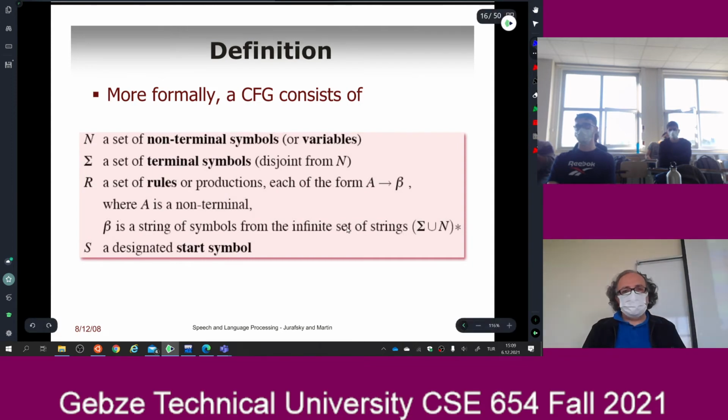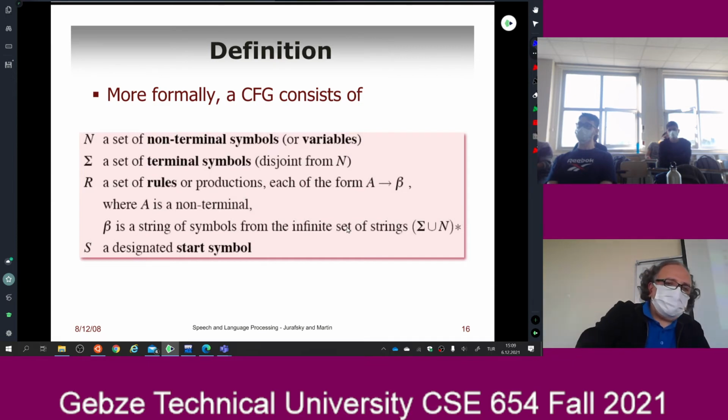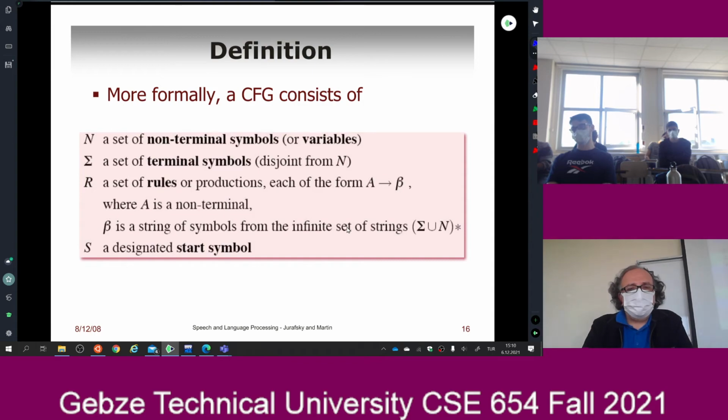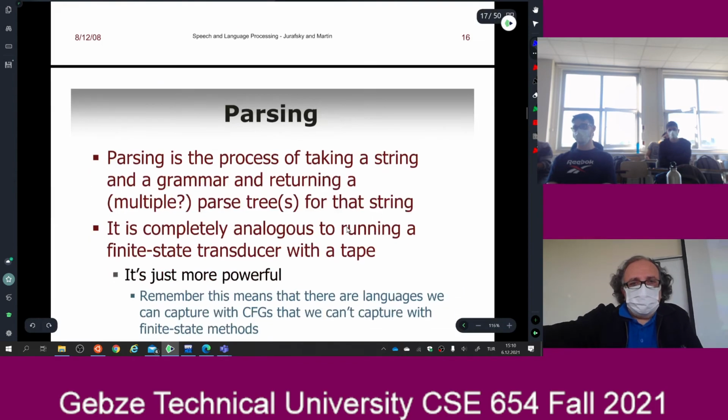Those are the words, and this set and this set are disjoint. There is no common element between them. And R is our set of rules like this. On the left side, I have only the non-terminals, and on the right, it is anything. And we have a start symbol. We have to start from somewhere. Okay, so that's the definition.